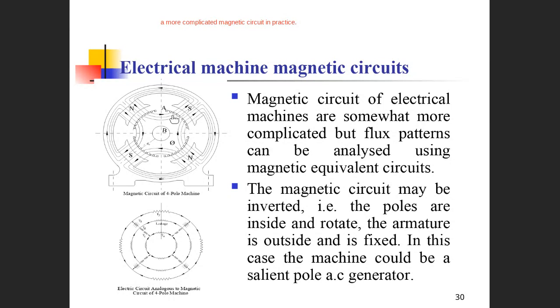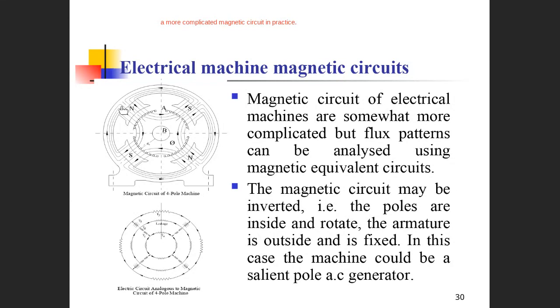Between the poles and the rotor, the inner cylindric part, there is an air gap. Look at here, here is the air gap. The inner cylindric part is actually the axis, which is the rotor, and it can rotate.